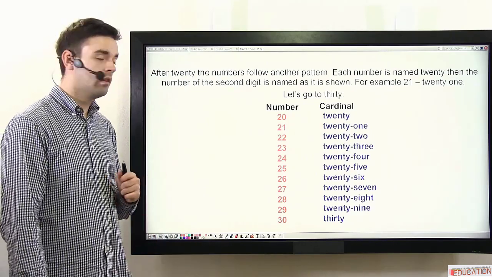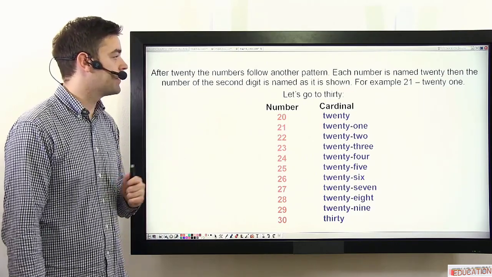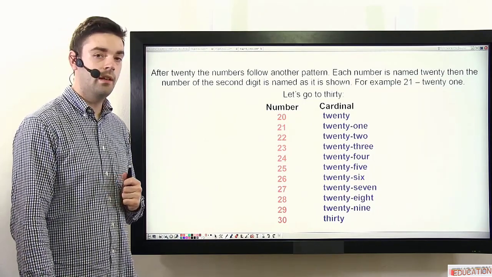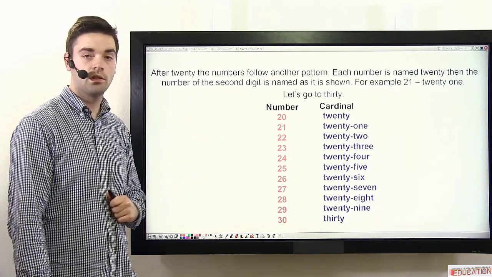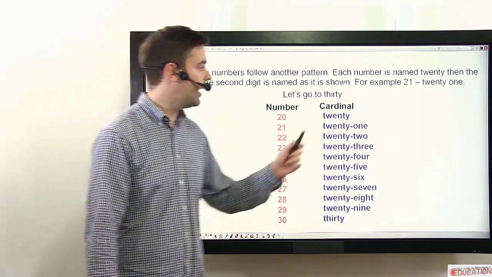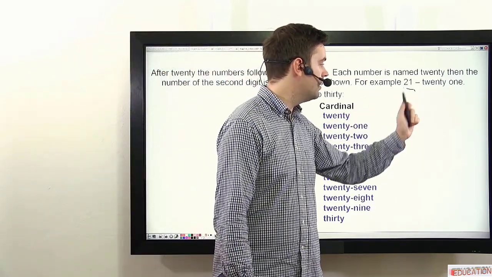After 20, the numbers follow another pattern. Each number is named 20, then the number of the second digit is named as it is shown. For example, here we have 21.